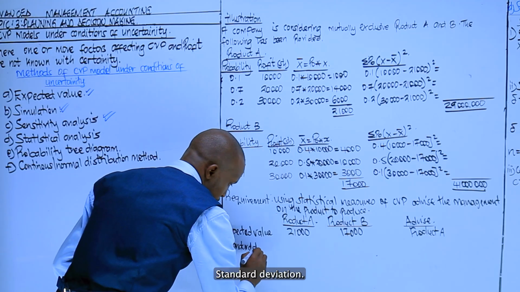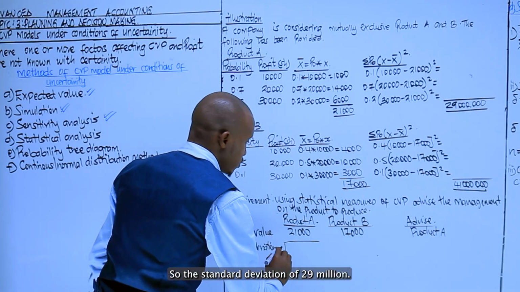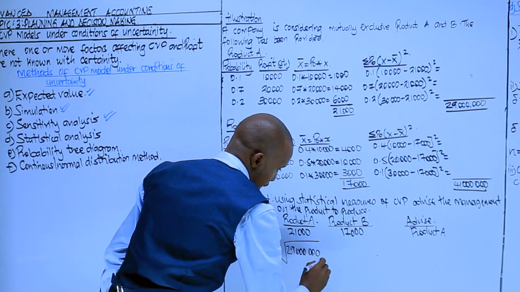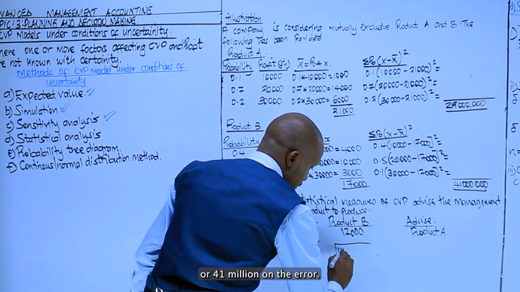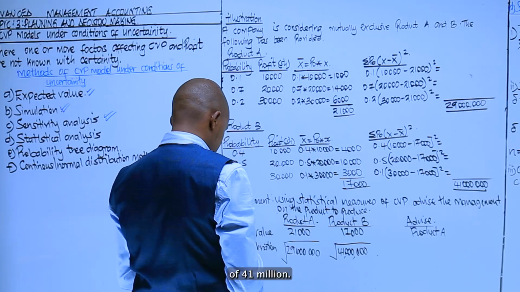Now the standard deviation. The standard deviation of 29 million, and the standard deviation of 41 million, or rather the square root of 41 million.